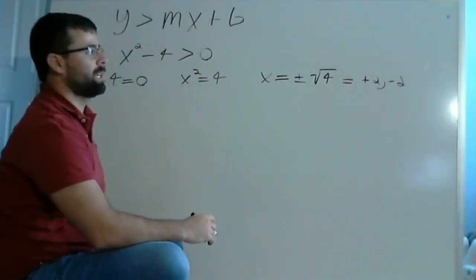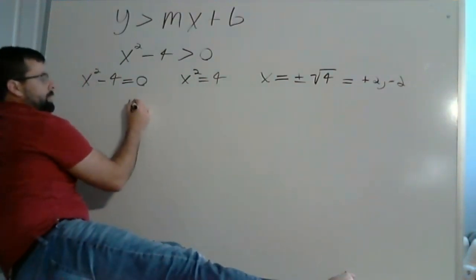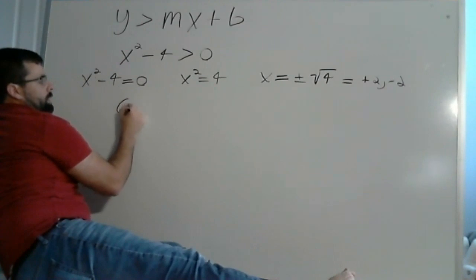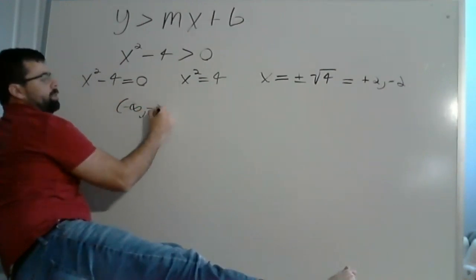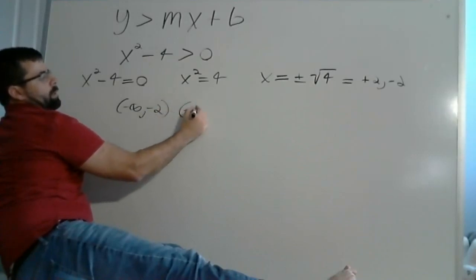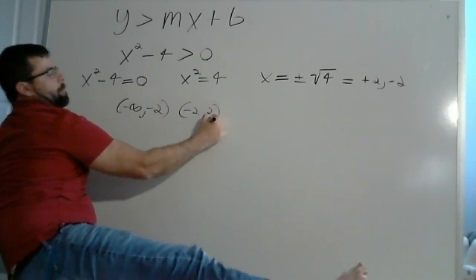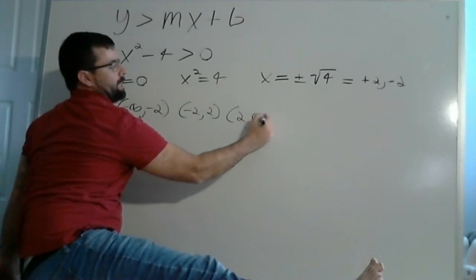So once we got our solutions from there, we created our 3 boundaries. One of them was negative infinity to the lower boundary, which is negative 2. Then negative 2 to 2, and 2 to positive infinity.